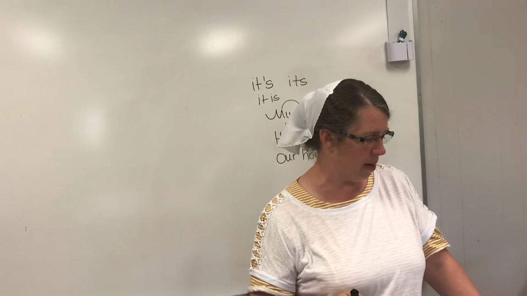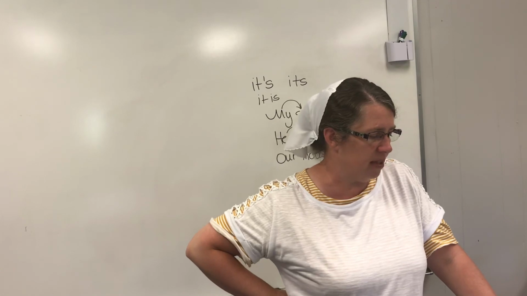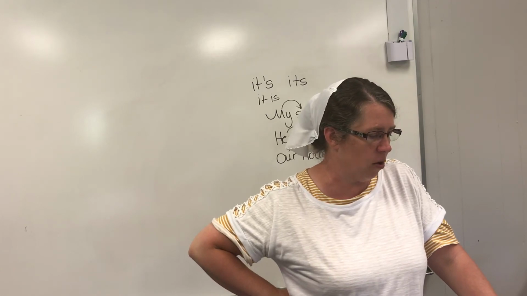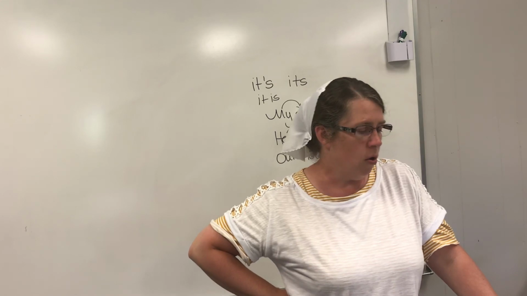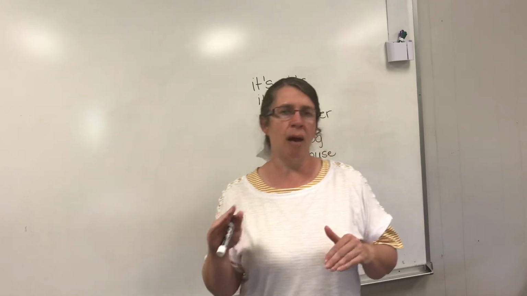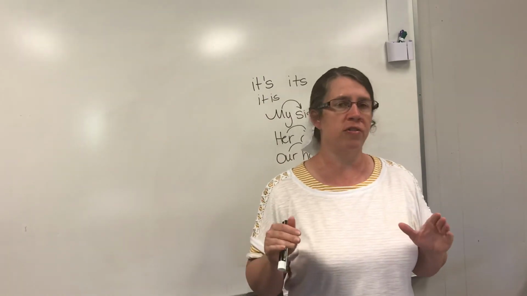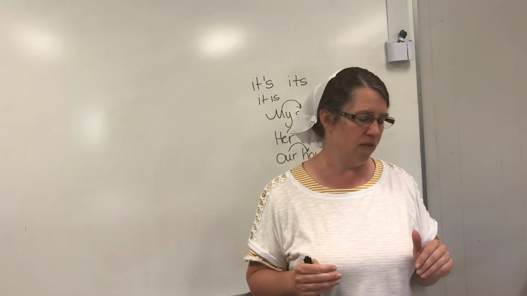Let's go down to number 7. The next section says, underline the possessive pronoun in each sentence below. On the line, indicate whether it functions as a pronoun or an adjective. Now, if you remember up at the top of the page, there were certain words that function as pronouns, certain words that function as adjectives.